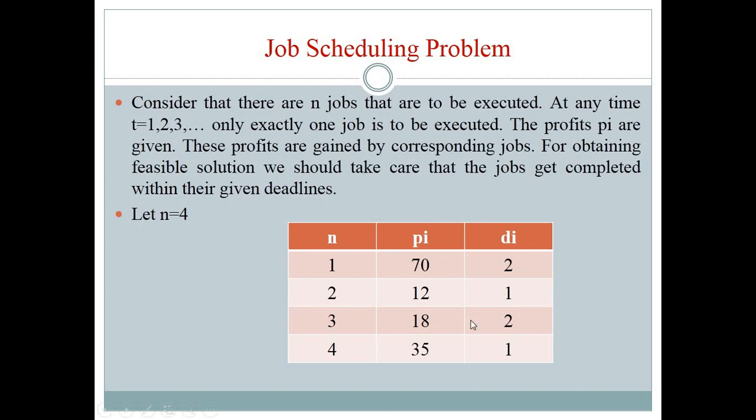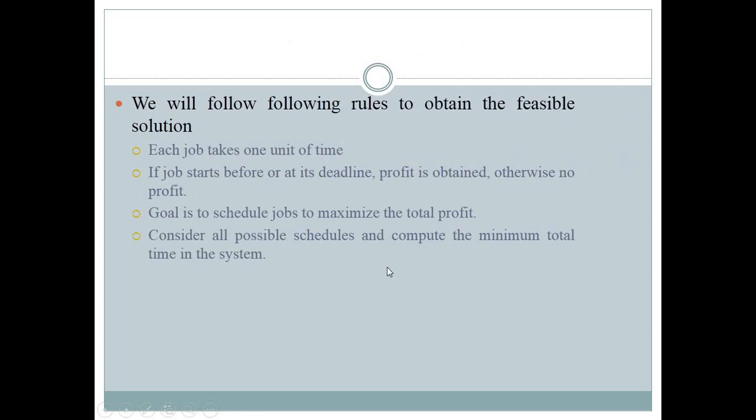We cannot start both job 2 and 4 at the same time, because at any period only one job can be executed. So we will have to follow some rules for finding a feasible solution.